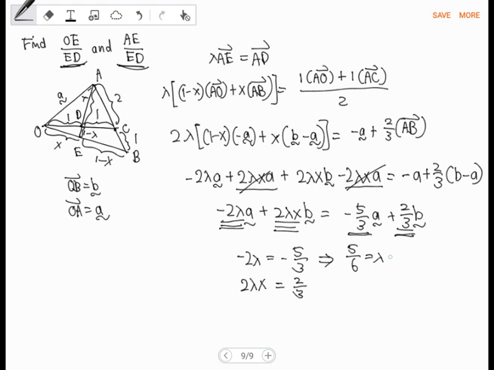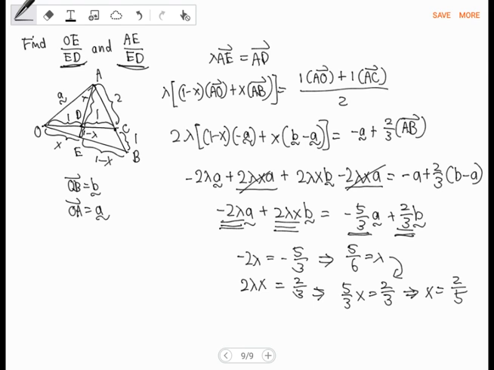Using this result, I substitute into equation 2. 2 multiplied to 5 over 6 is just 5 over 3, so 5 over 3 x equals 2/3. And this results in x equals 2/5.